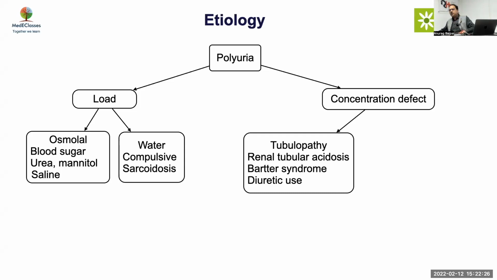Now, whenever you have too much load of sodium, like in Bartter syndrome or diuretic use, there is too much distal delivery of sodium in the tubular region. Whenever you have a distal delivery in the tubular system, what will happen to the glomerular filtration? Tubules have a lot of sodium, tubules have a lot of fluid. What will they tell the glomeruli? I want less fluid.